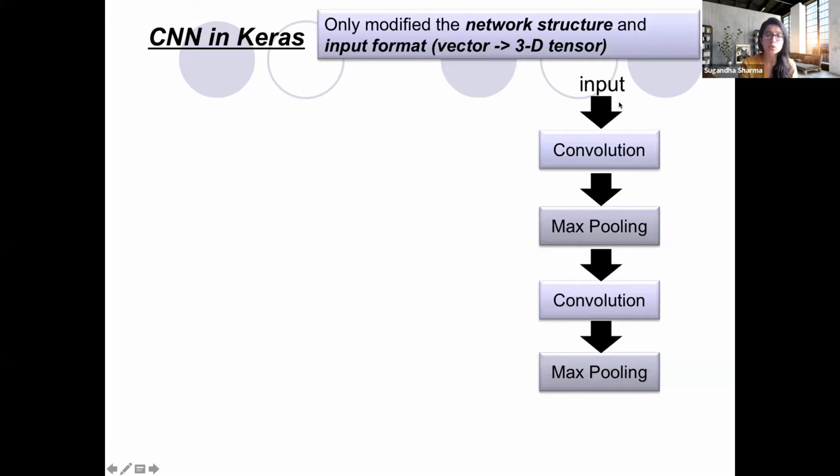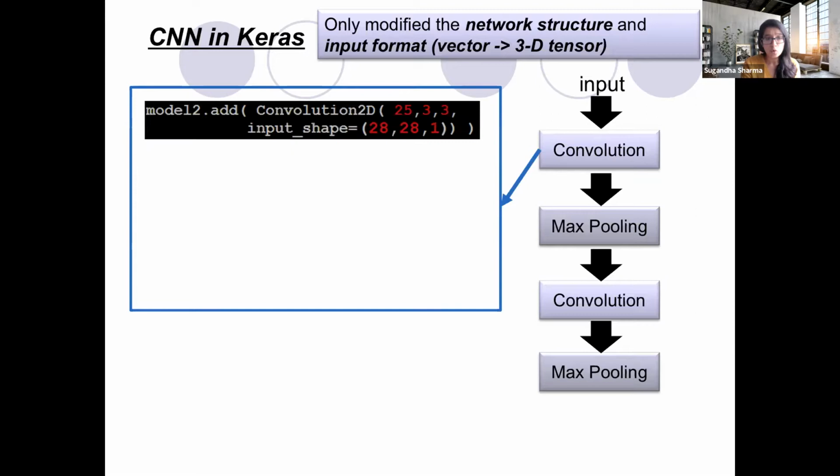And I'm going to now explain this in the context of using this in Keras, since that's what we're using in TensorFlow. So you have the input and you perform convolution. Usually you would use something like model.add Convolution2D, and you specify these parameters.